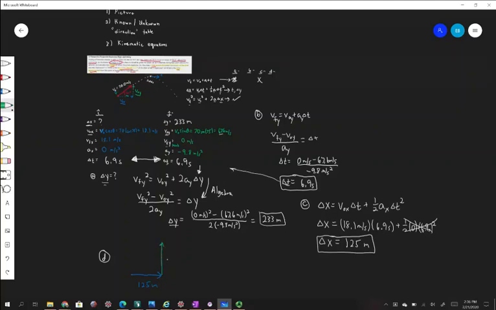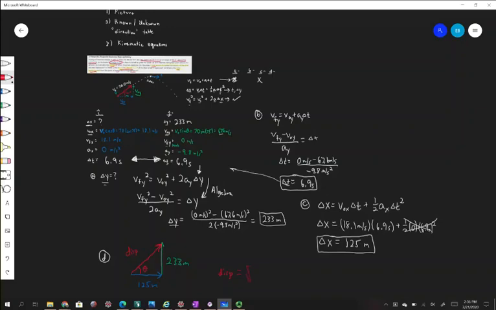The distance in the y direction we found was 233 meters. So the total displacement has to be the hypotenuse of this triangle. So it has to be that little guy right there. And we have an angle that this travels at. To find this displacement, we use the Pythagorean theorem.